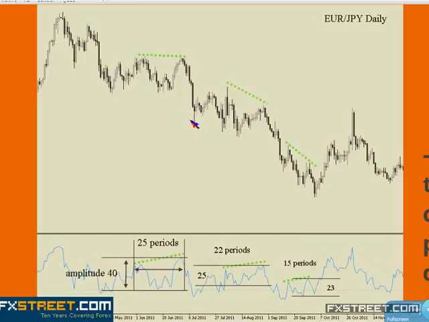It doesn't mean that the trend will continue, but at least there will be a reaction in that direction. Okay.